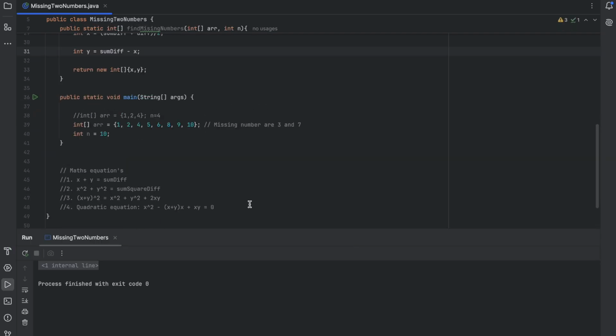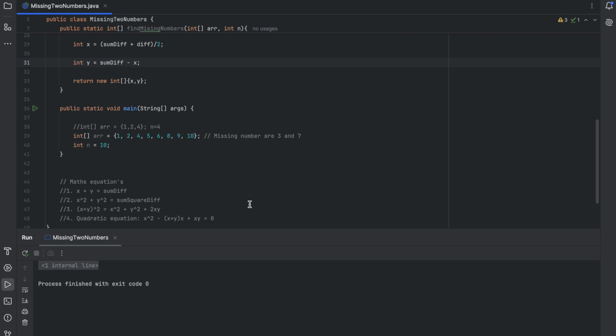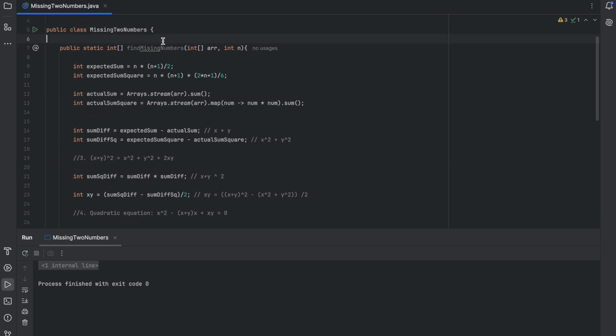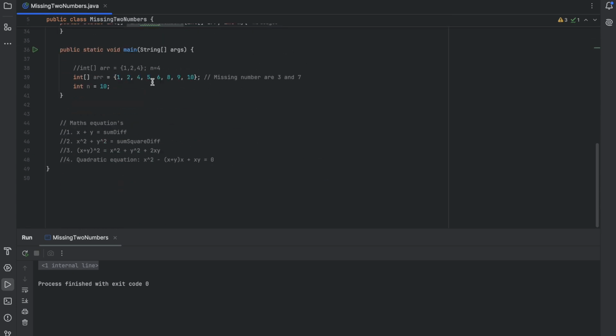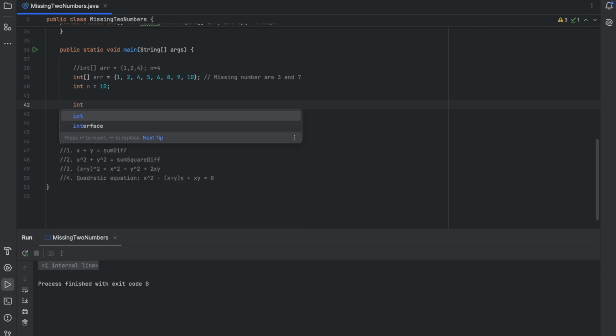Okay, something is wrong. Yeah, because we have written our method, but we haven't called our method. So we need to call our method and we need to pass the value. So now what we are going to do is integer array result equals to findMissingNumber.